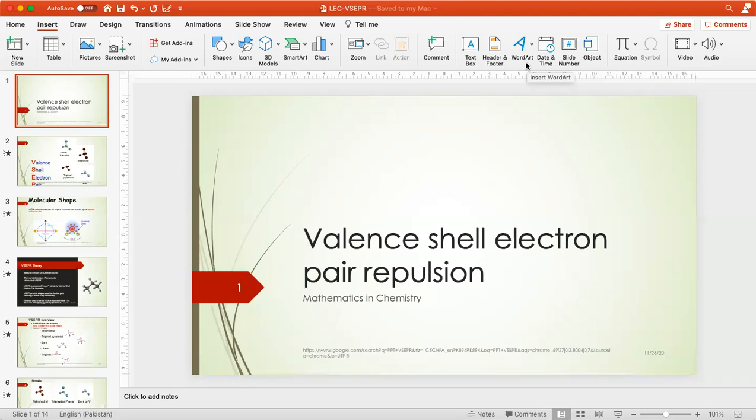Now, this theory is based on the assumption that the molecule will take a shape based on the electronic repulsion in the valence shell of that atom.